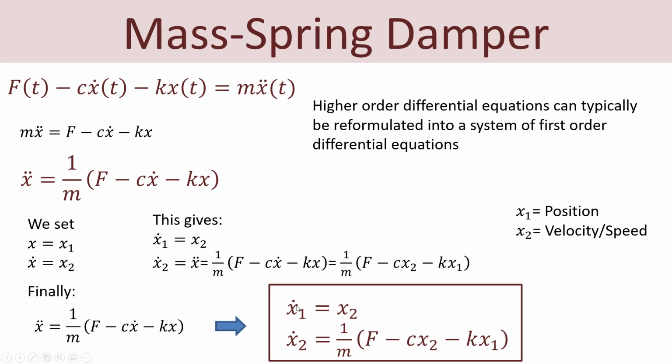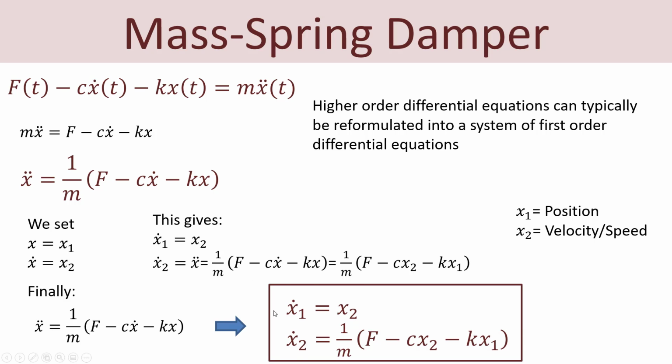So we have the derivative of x1 equals x2, and the derivative of x2 equals (f minus c x2 minus k x1) divided by m. So these are the two equations that we are going to implement and simulate using Python.